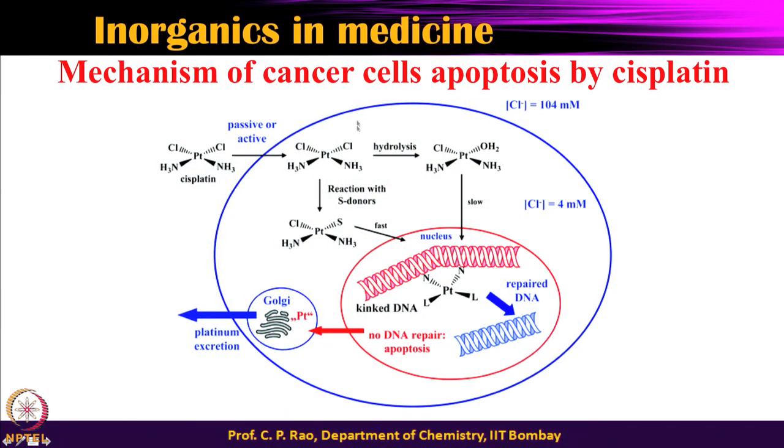Okay, so, what are we trying to look at? We are trying to look at how this functions. Let us look at some features of the mechanism of the cancer cell apoptosis. Apoptosis is programmed cell death, and I will come into details in one other lecture.